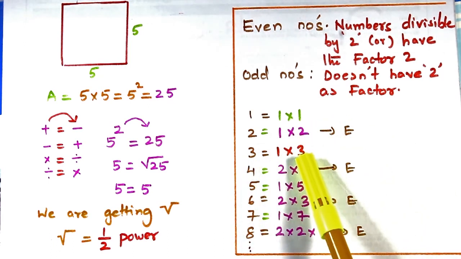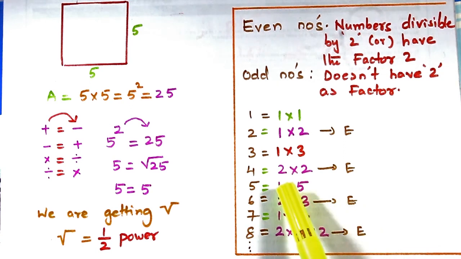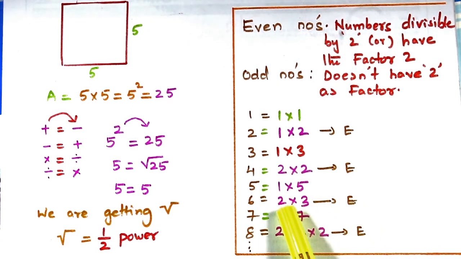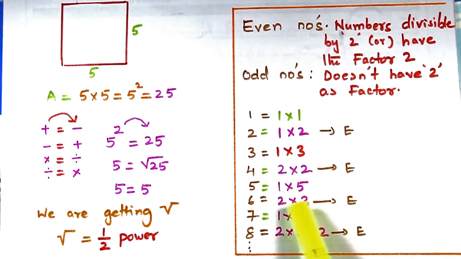We have 3 here, and we don't have 2 over here. Here in this case we have 2, we have 3. So this is even, right? We don't have 2 over here. You can do this for all the integers.